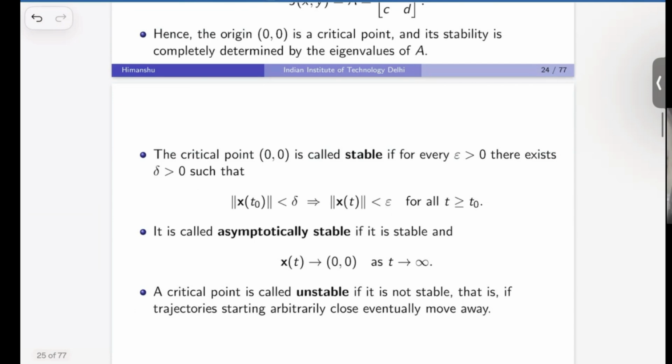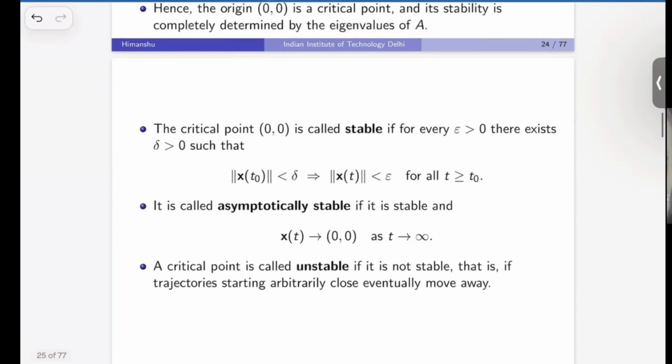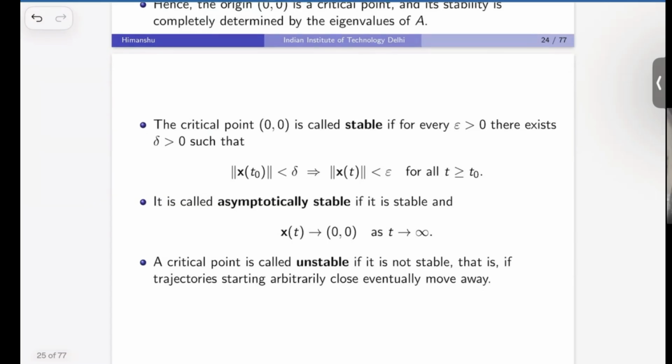So generally we are concerned with three things: when our critical point is stable, when it is asymptotically stable, and when it is unstable. A point is stable if for every epsilon greater than 0, there exists delta greater than 0, such that whenever my initial points are close, then my solution is also close for all t greater than or equal to t0.